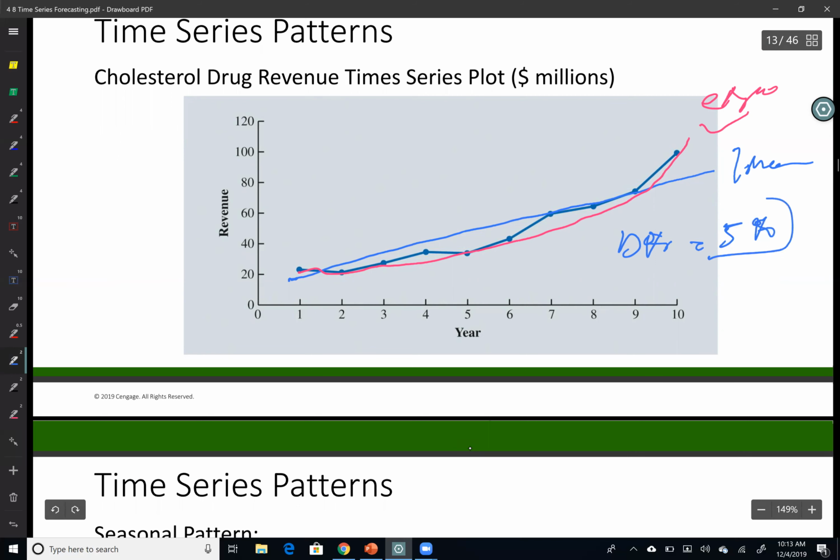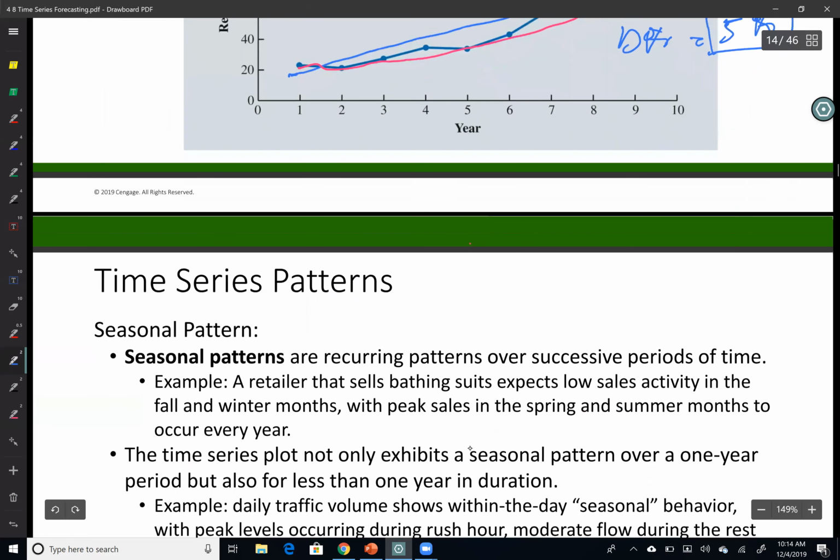That constant percent growth will create exponential growth, because if I have 100 sales or revenue, next year I will have 105. But if I have 105 next year, the year after will be even more than 5 units, because 5% of 105 is greater than 5% of 100. So it will accumulate more and more.